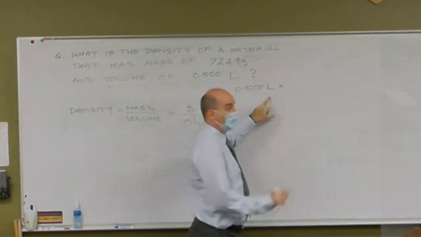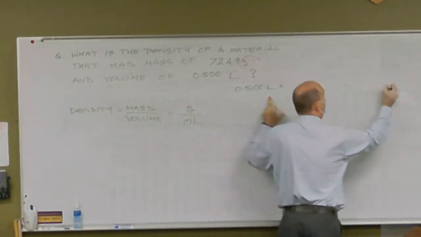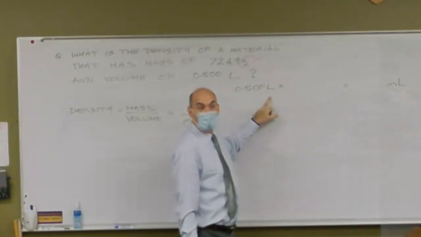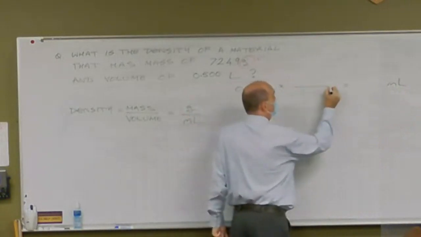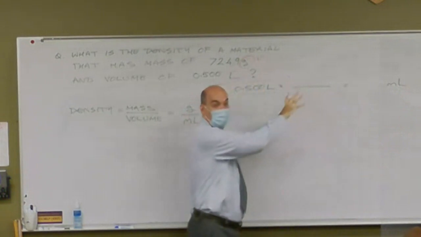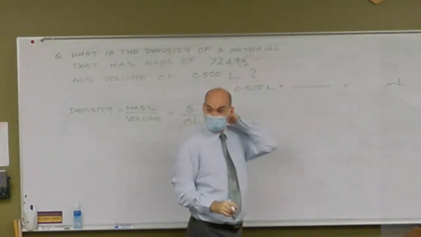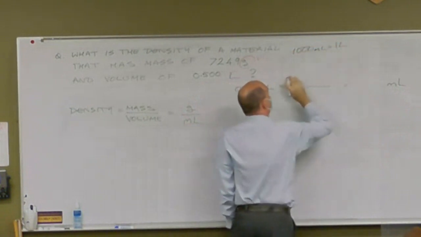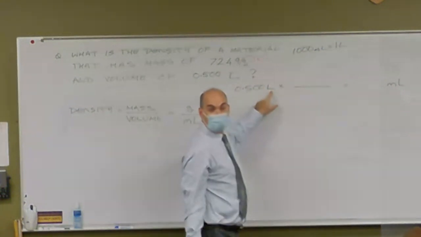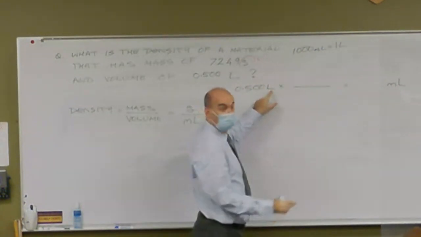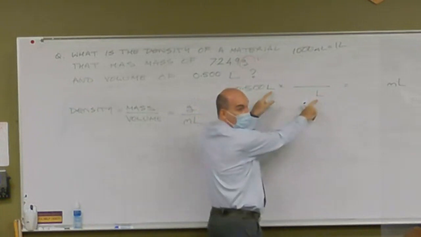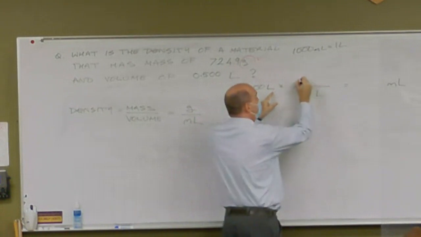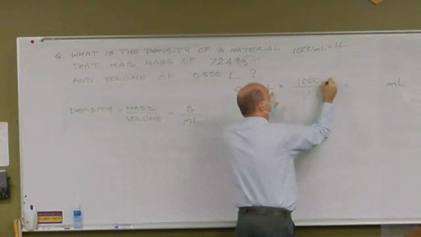Currently, this answer is in liters. I want my value to be in milliliters, right? So I need a conversion factor that expresses liters and milliliters. And I just said that 1,000 milliliters equals 1 liter. And I want liters to go away. If I put liters at the bottom, this liter and that liter are going to cancel each other out. So 1 liter is 1,000 milliliters.